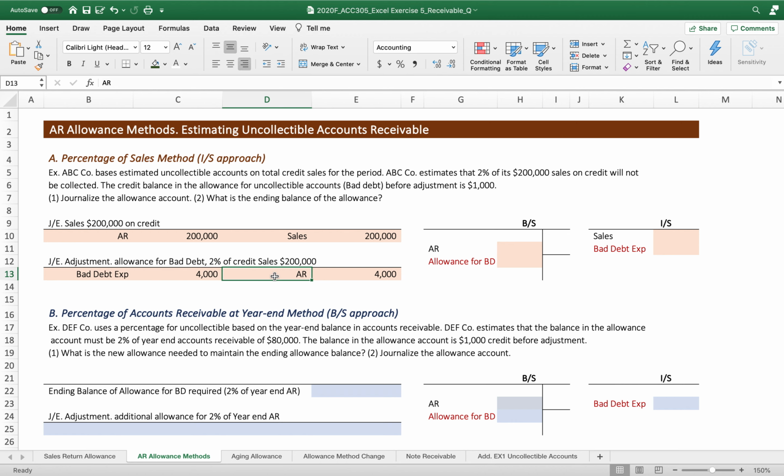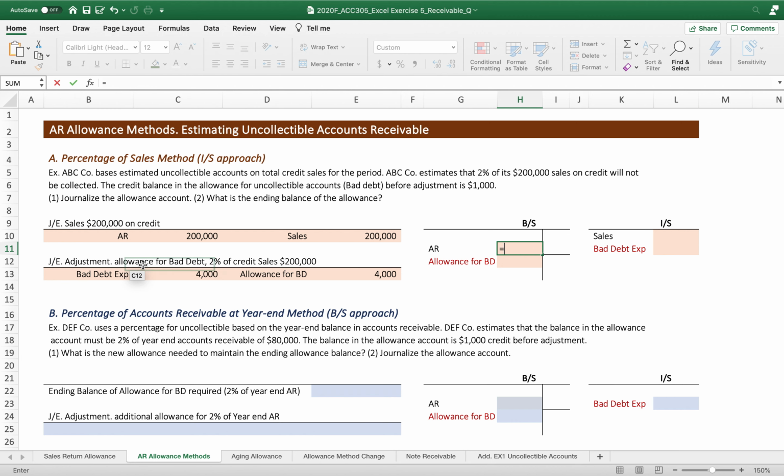Instead of writing AR down directly, we use the allowance for bad debt, so that we can reduce the main accounts, the sales and accounts receivable, until this 2% or 1% is determined to be uncollected.